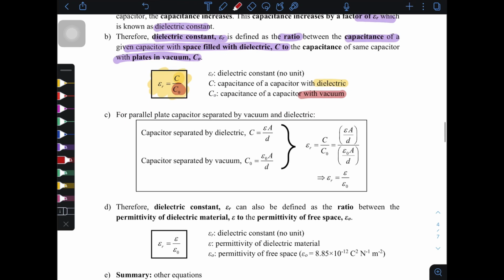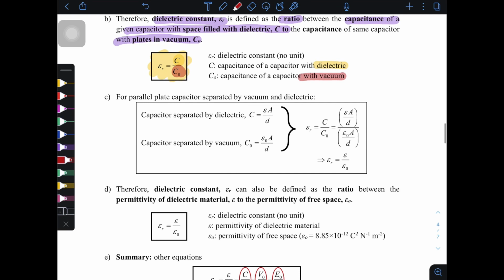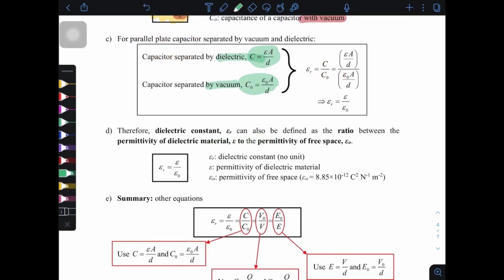Okay, so for parallel plates capacitor separated by vacuum and dielectric. Okay, ini separated by dielectric, ini separated by vacuum, and then the capacitor separated by a dielectric ialah C equals epsilon A over D, and by vacuum is C naught equals epsilon naught A over D. So apa yang membezakannya ialah epsilon naught, epsilon C untuk dielectric, epsilon naught C naught untuk vacuum ataupun air.